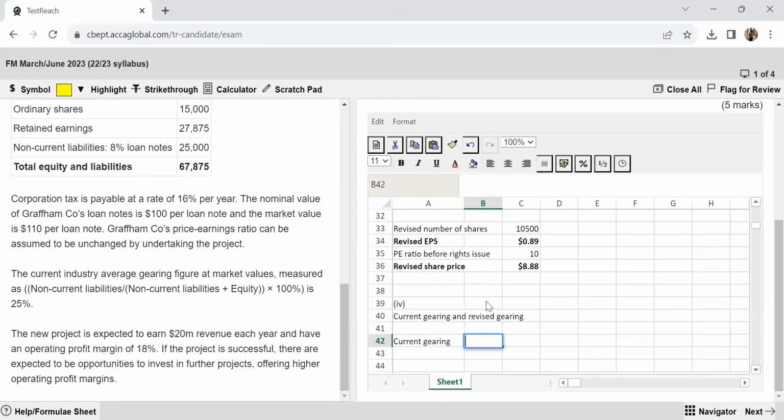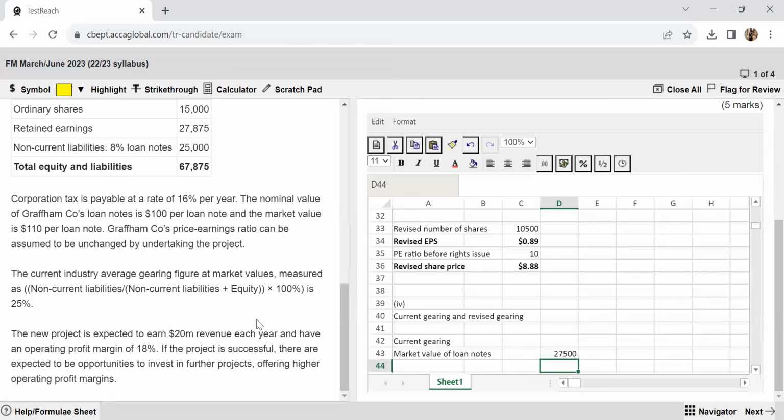And so let's first of all calculate the market value of loan notes. So for my loan notes, I have 25,000 given to me, and the nominal value that is given is 100. And then it is also said that the market price per loan note is 110.